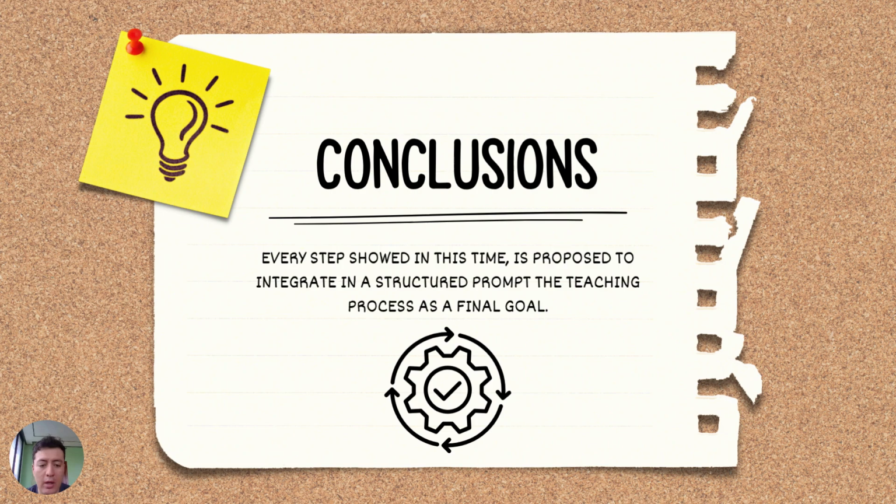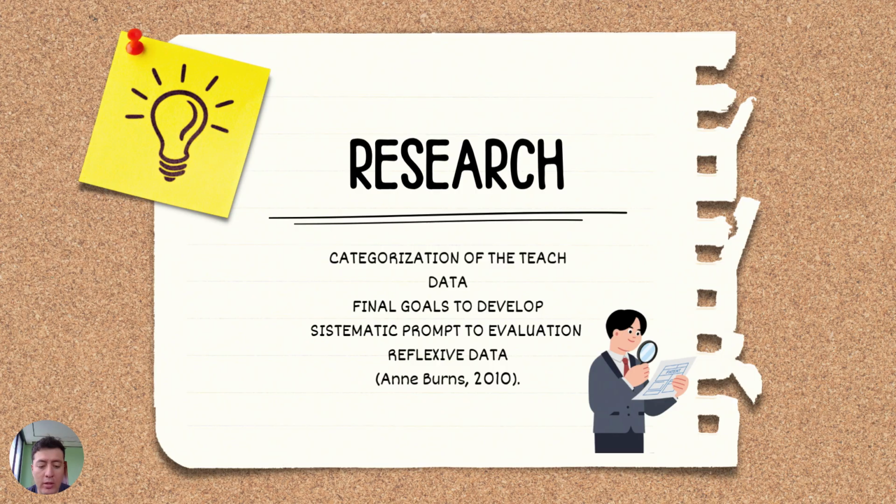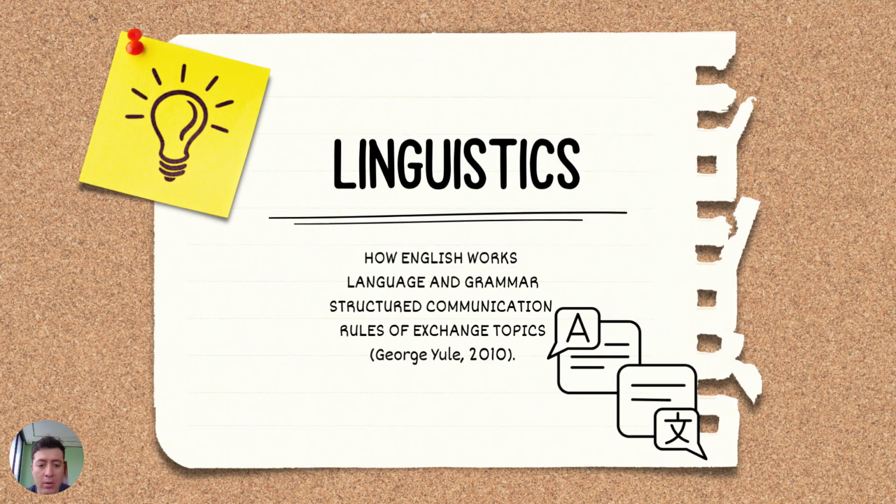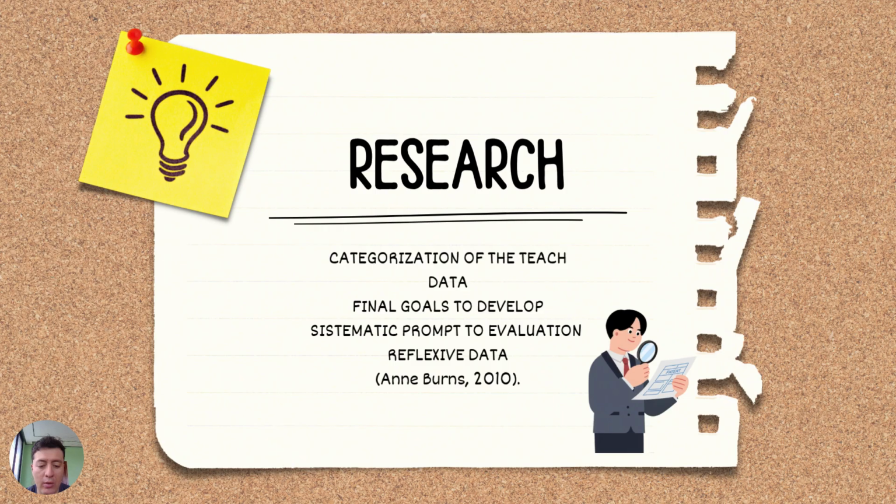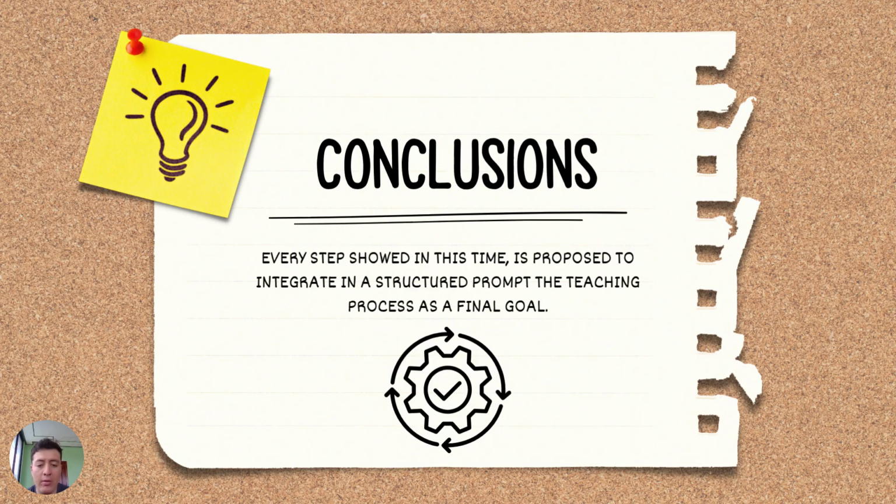In conclusions, all this type of steps showed in these conclusions, we have the research, the methodology and the linguistics, this type of topics that we need to chase inside our classroom because we need to evaluate our students, their understanding, even firstly the way to chase the develops about the language of the English.